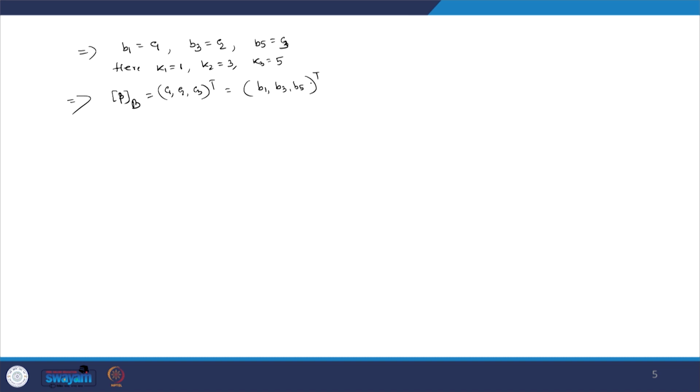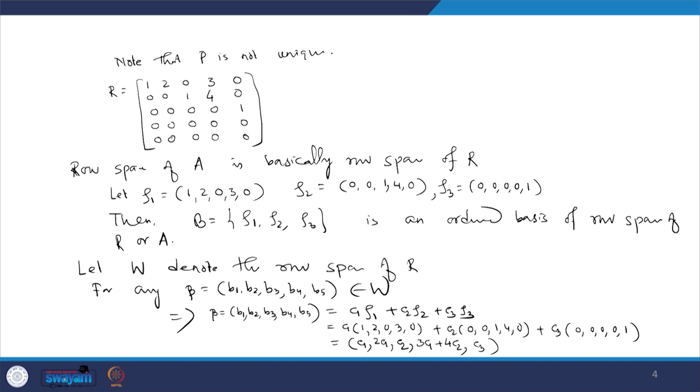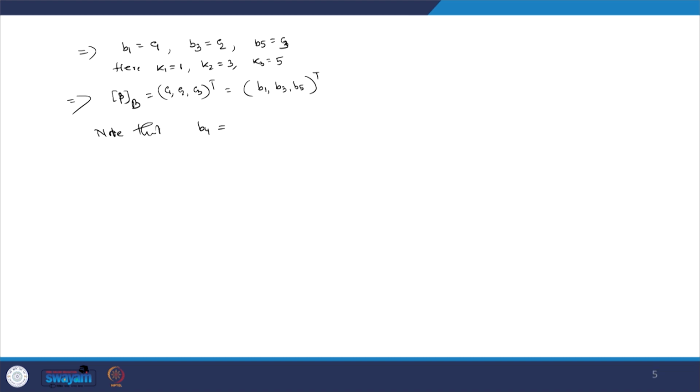So, this is the coordinate matrix of any element beta belonging to W. And what will be the general element in W? Note that b4 equals 3 c1 plus 4 c2, this means 3 into c1, which is b1, plus 4 into c2, which is b3, so 4 b3.